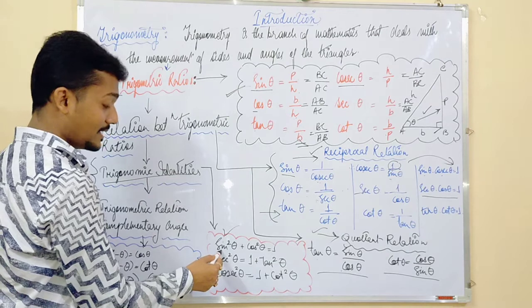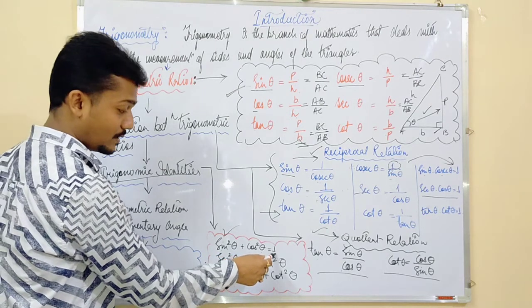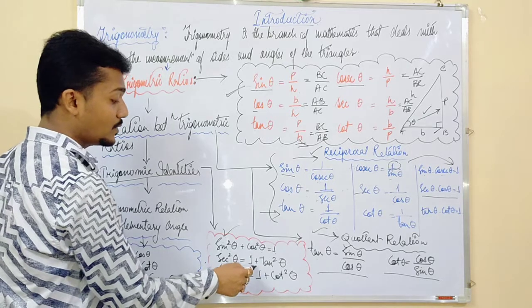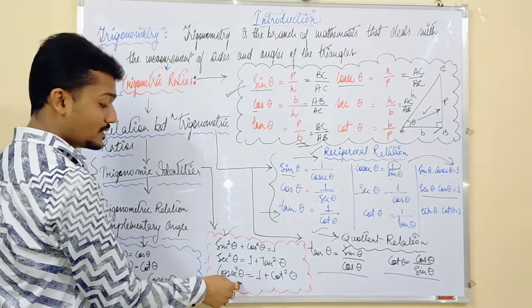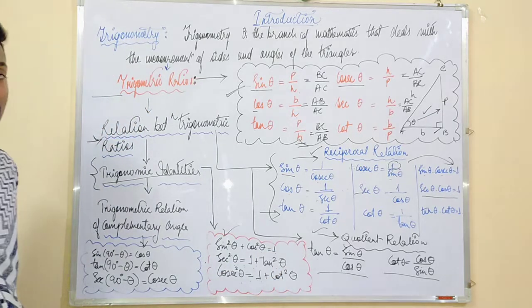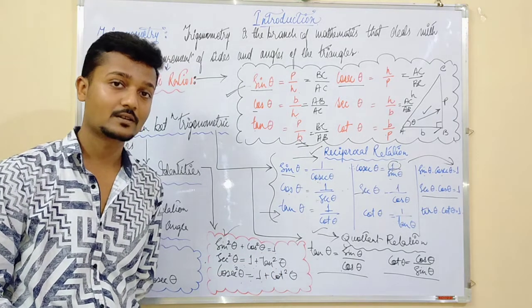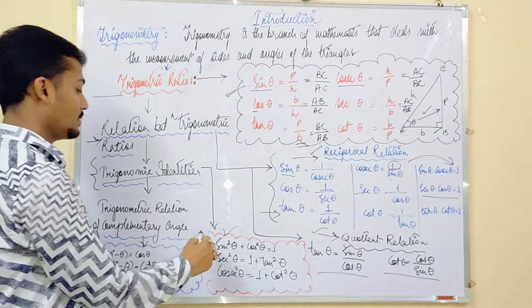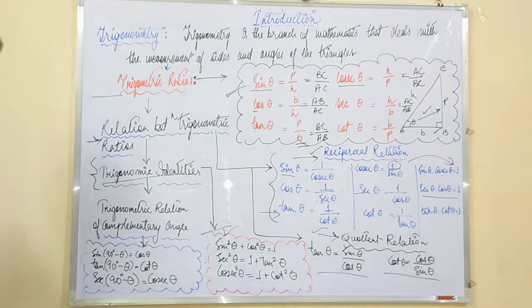That means sin square theta plus cos square theta is equal to 1. Sec square theta is equal to 1 plus tan square theta. Cosec square theta is equal to 1 plus cot square theta. That also we have done in our super hexagon part, is it not? So just go and see that video first, then it will be helpful to understand. So these are called trigonometric identities.